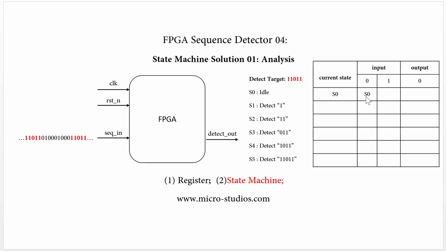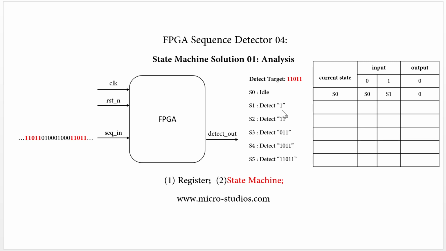If the input is 1, we will go to S1 state. At this moment, we will output 0, because we only detected 1, right?